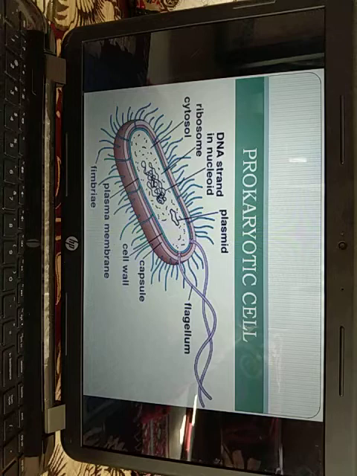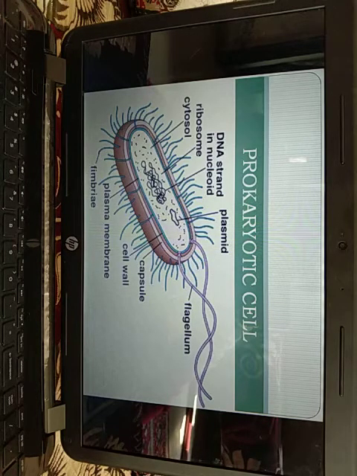Now, peptidoglycan consists of long glycan strands formed of repeating units of N-acetyl glucosamine, that is NAG, and N-acetyl muramic acid, that is NAM. They are cross-linked by small peptide chains.